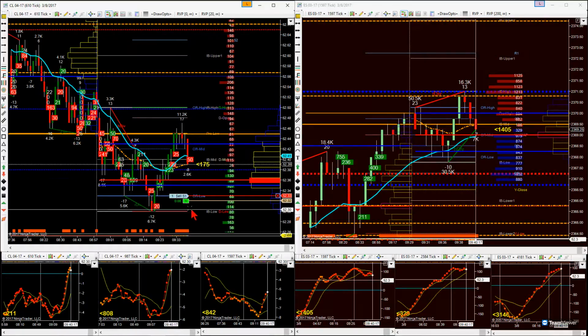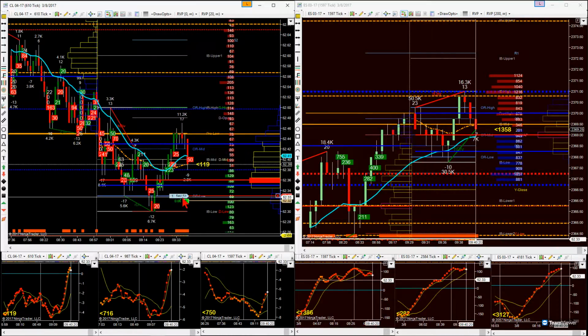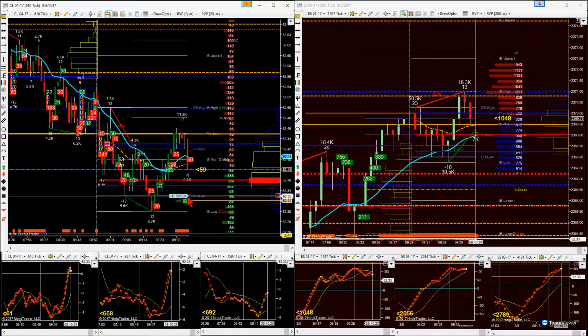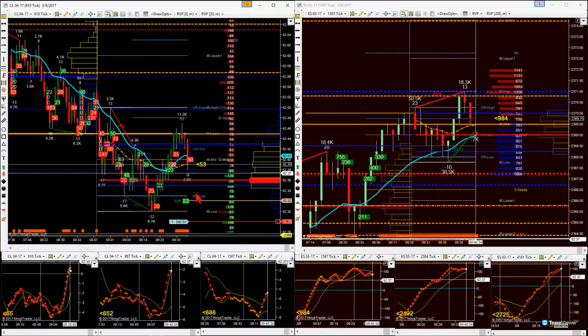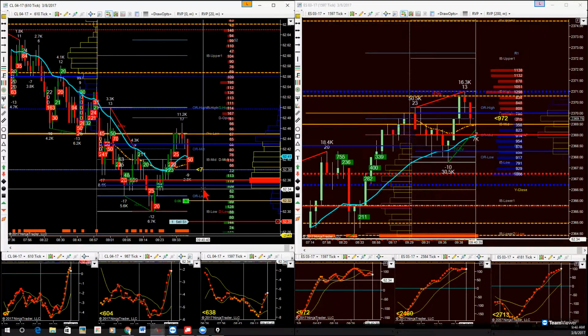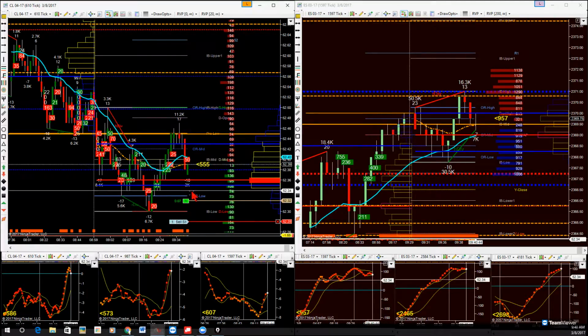Now, mind you, we still have positive divergence off of the low here. So I'm not crazy about having my stop here at break even. In fact, I'm going to move this stop down below the current low of day, because right now, if we were to push down here and the BBs continue to show positive divergence, I'd be more interested in taking a long there than a short here.